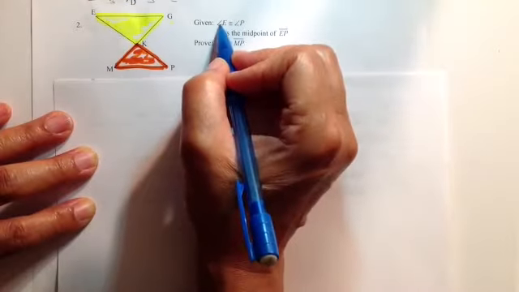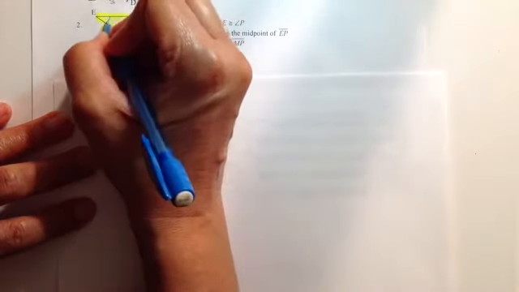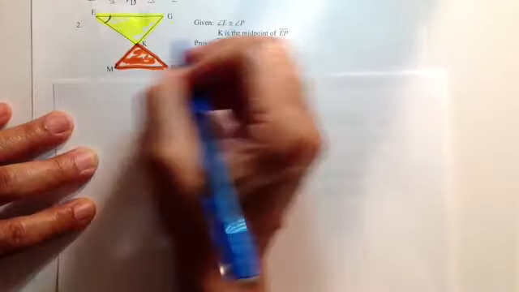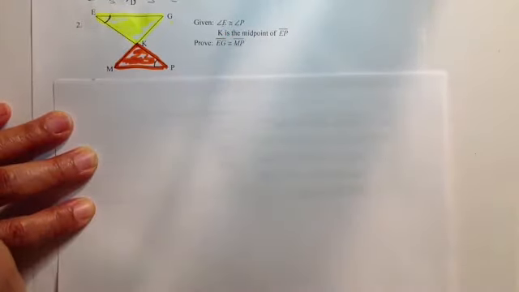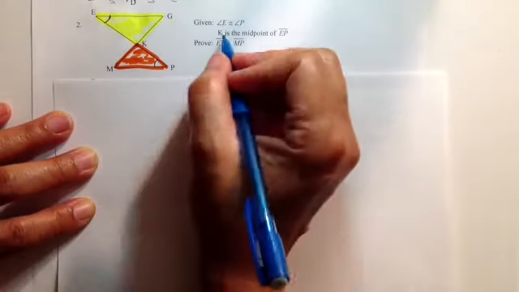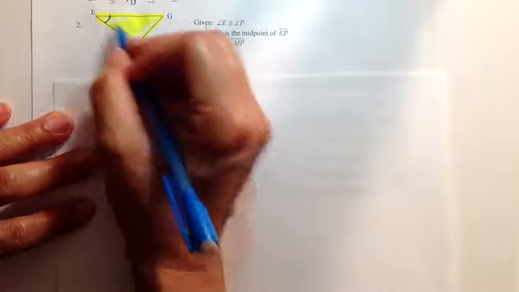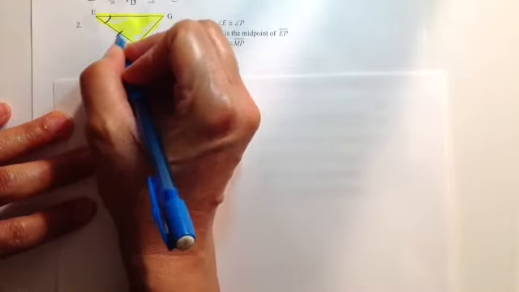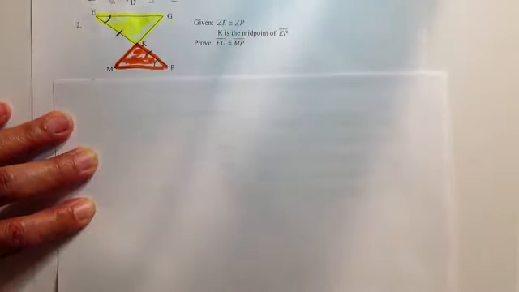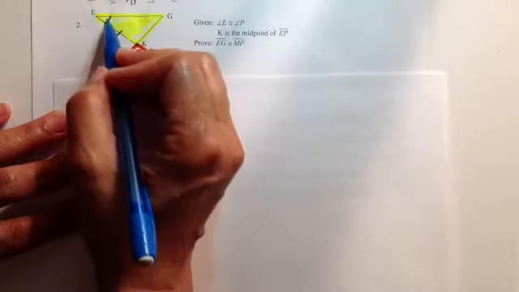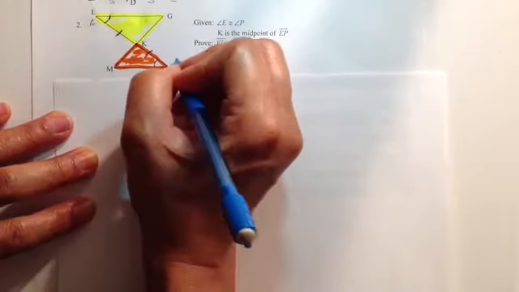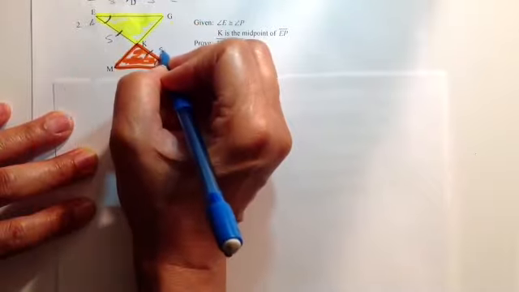So let's drop on what we know. We know that angle E is congruent to angle P. And we know that K is the midpoint of EP. So that would mean that this side is going to have to be congruent to this side. So I've got an angle over here that's congruent. I've got sides that are congruent.